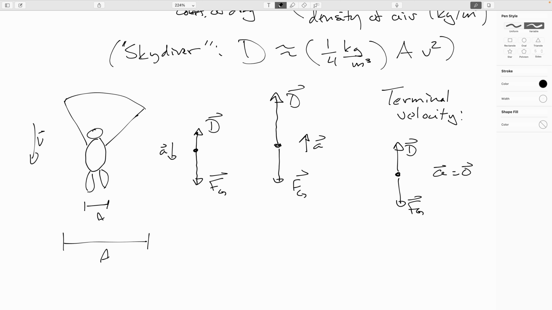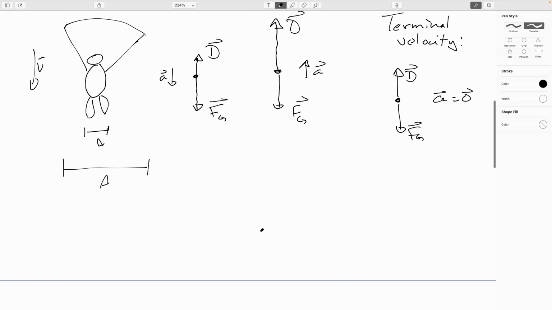All right, so we can calculate what that speed is by setting the force of drag equal to the force of gravity. So 1/2 C_D rho A v squared will equal mg. And this speed here is our terminal speed or terminal velocity.